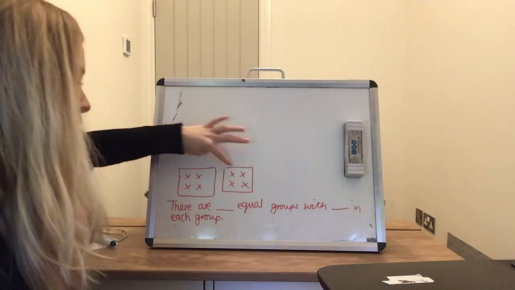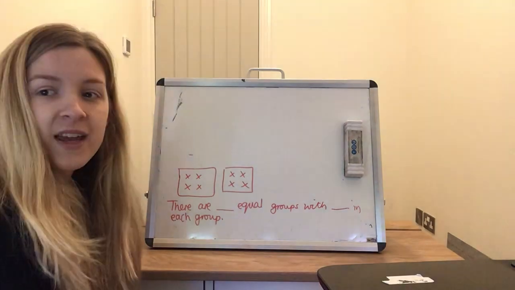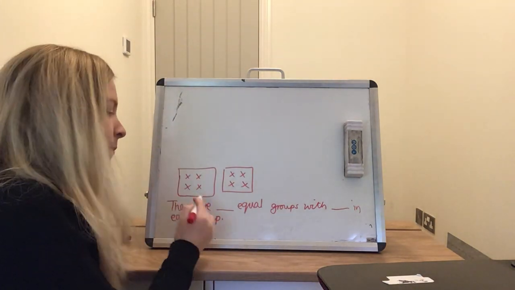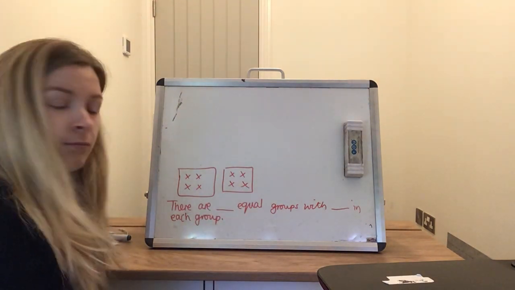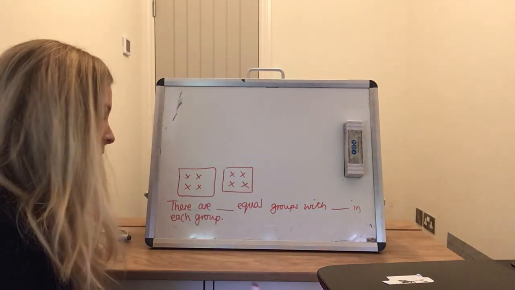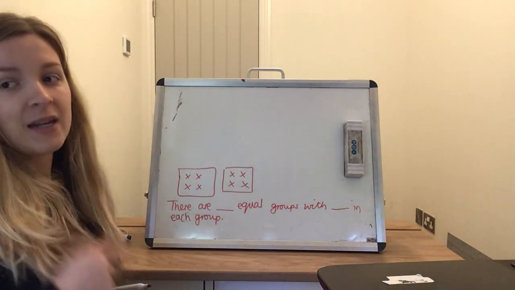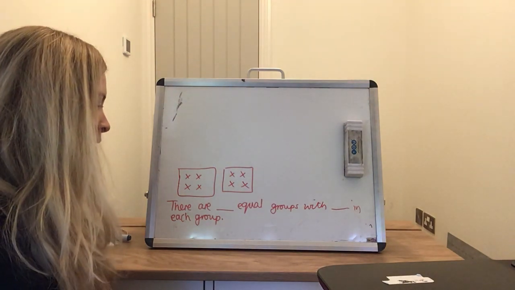Here are my groups. First of all, are they equal? Do they have the same number in each one? Absolutely. Well done if you're saying yes, they do. How many groups do I have? How many groups?